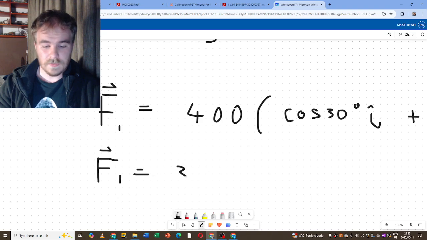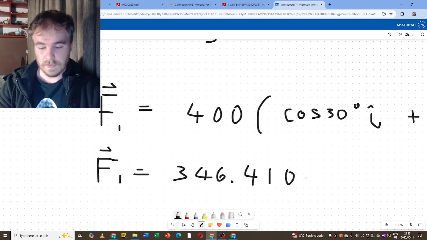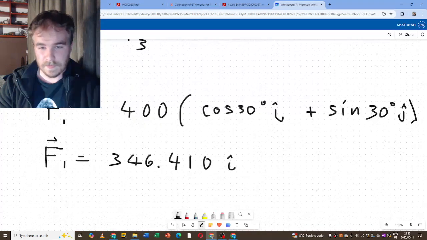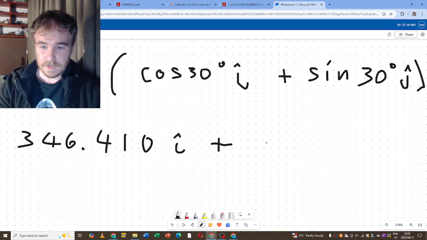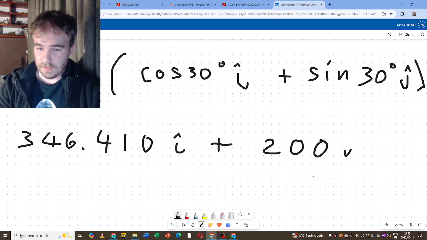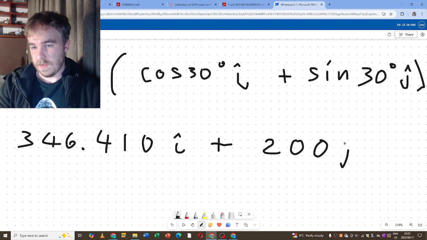That is 346.410 in the I direction, plus, and this is now half, so this is easy, this is 200 in the J direction, and this is newtons.